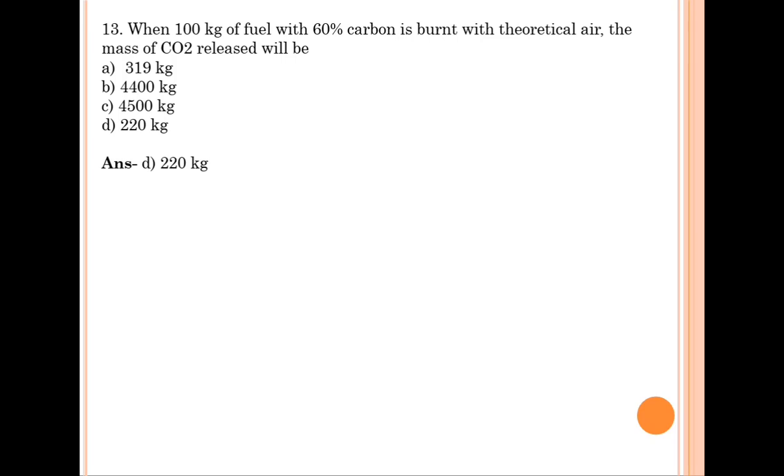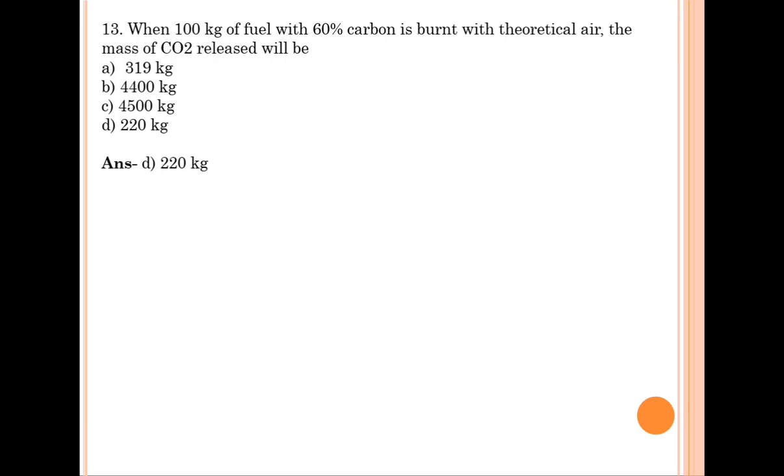When 100 kg of fuel with 60% carbon is burnt with theoretical air, the mass of carbon dioxide released will be. Here you see, carbon plus oxygen will give us carbon dioxide. The molecular weight of carbon is 12 and the molecular weight of CO2 is 44.